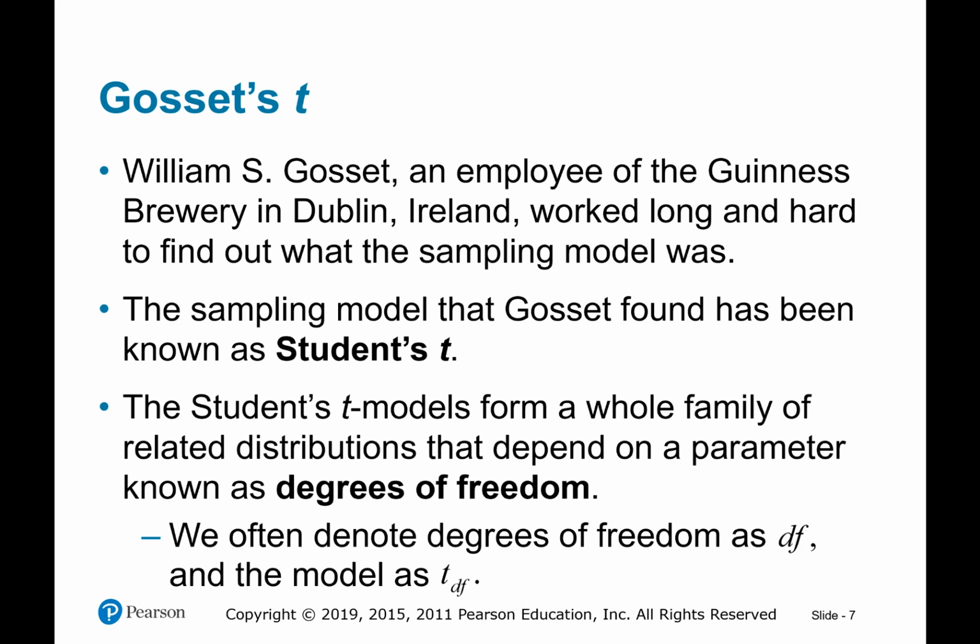Many, many years ago, he was an employee of, yes, beer, the Guinness Brewery in Dublin, Ireland. He was in charge of quality control, basically, is what we would say today, taking samples of batch after batch of their brewed beer and testing it in various ways and then trying to compare one batch to the information that he had about all the previous batches.